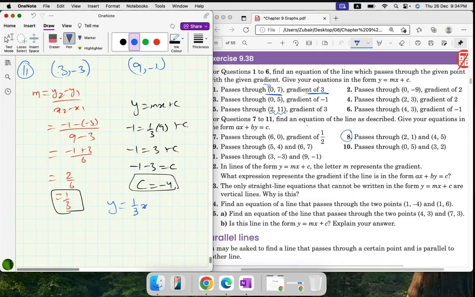Sir, 1 by 3 x minus 4. Yes, 1 by 3x minus 4, and now we'll just rearrange.